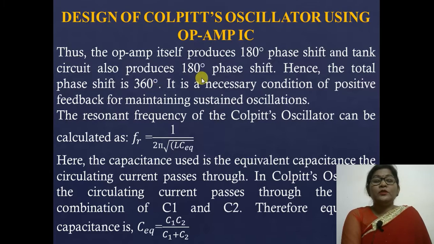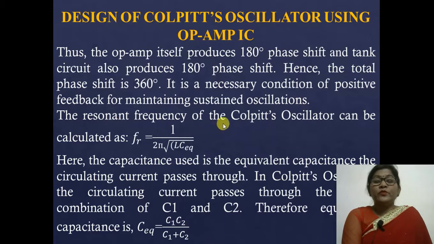So here the total phase shift is 360 degree. It is a necessary condition for the positive feedback for maintaining sustained oscillation. For maintaining the sustained oscillation, there are two conditions. The total phase shift will be 360 degree or 0 degree, and A beta should be equal to 1.